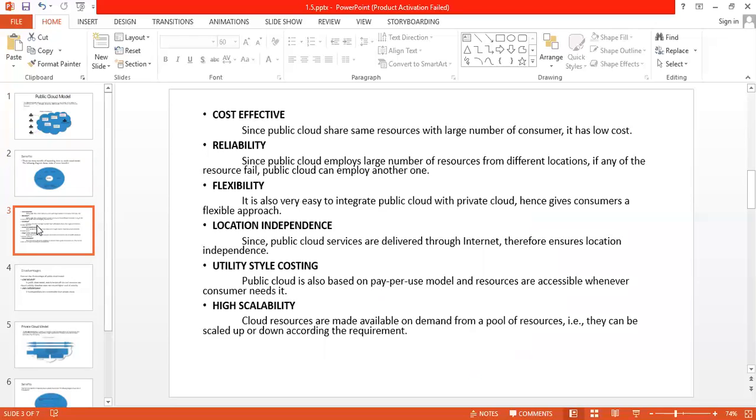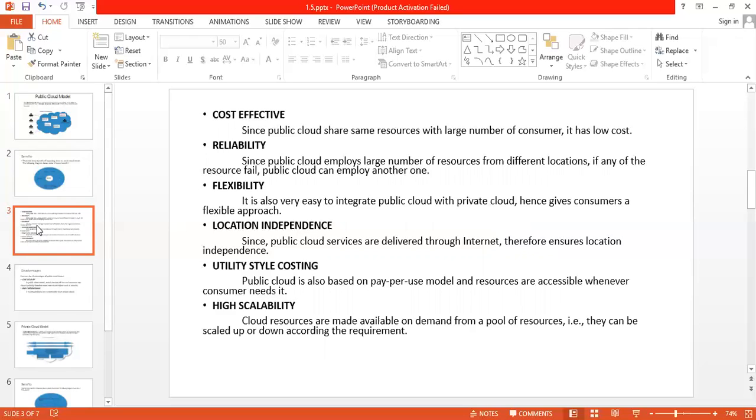We can move from one place to another, or we can use one resource inside another resource. Next is location independence. If we consider a Gmail account, then we can access it anywhere. We just need internet for that. So location independence is provided by the public cloud.